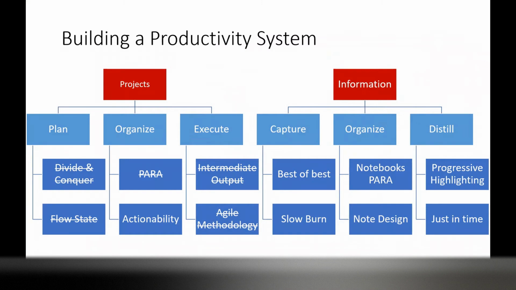The aim of any information is to serve the project. When we are capturing information, we are only capturing the best of the best. We organize it in notebooks, and then we progressively highlight it. Best of the best could be 10%.